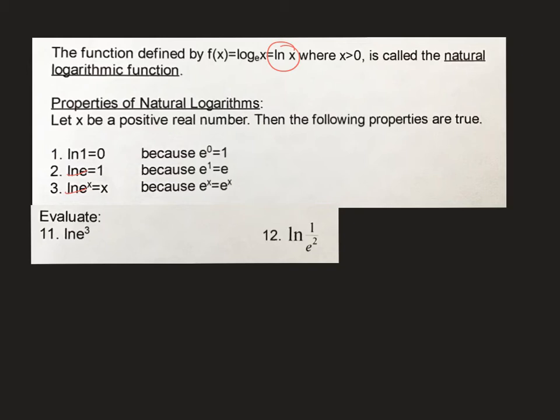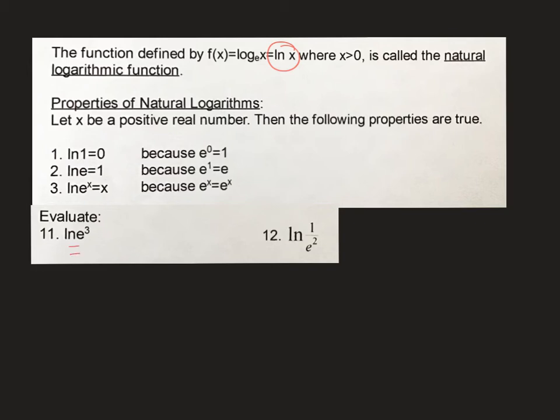value. So when we evaluate 11 and 12, you can use those 3 properties, or you could also use your calculator. So if we use our property for number 11, the natural log of e to the third, well, that's going to be property 3, where they said that the ln of e to the x equals x.